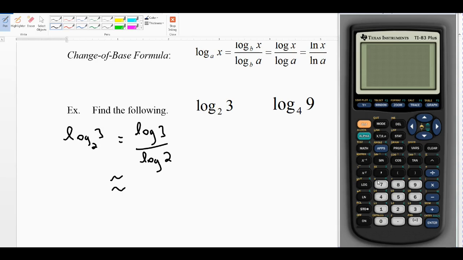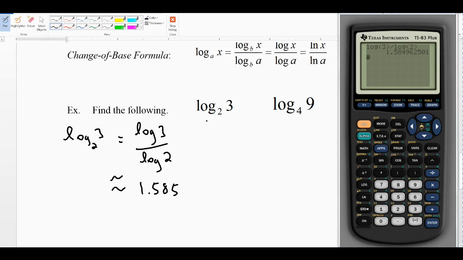Now be very careful how you type it in. On the TI-83s especially, make sure you close that parentheses and then the divided by. We get approximately 1.585.